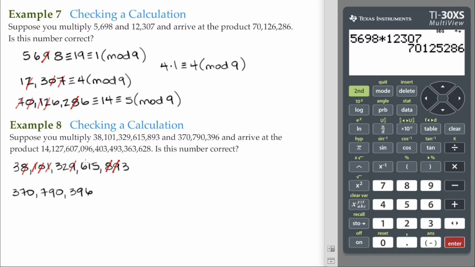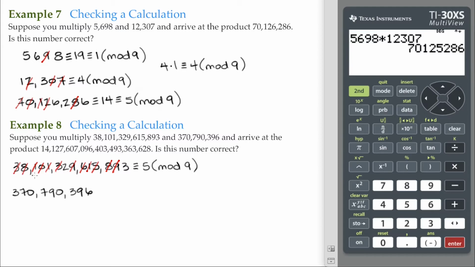I've got a 6 and a 3, that's 9. I've got a 5, 6, and 3 more, that's 9. And I think we've got 3 and 2 left here, so that's going to be congruent to 5 mod 9.